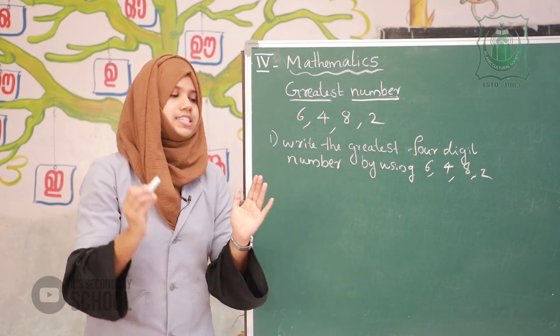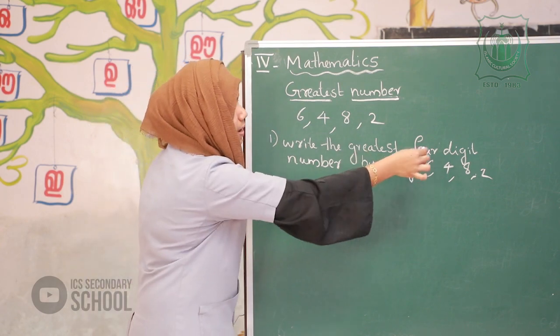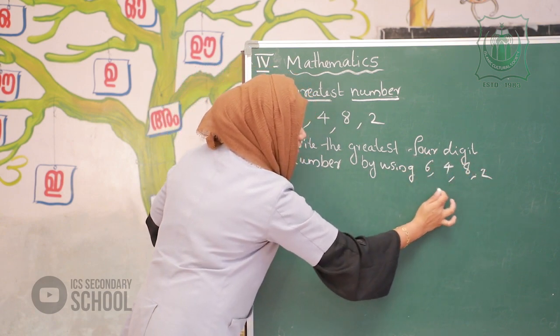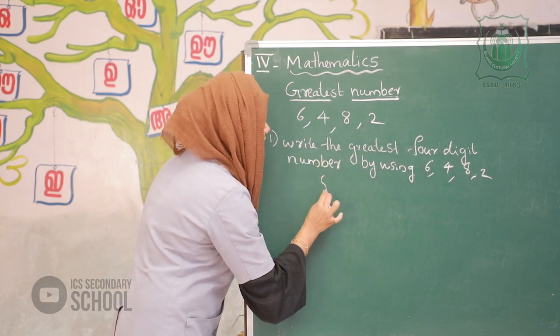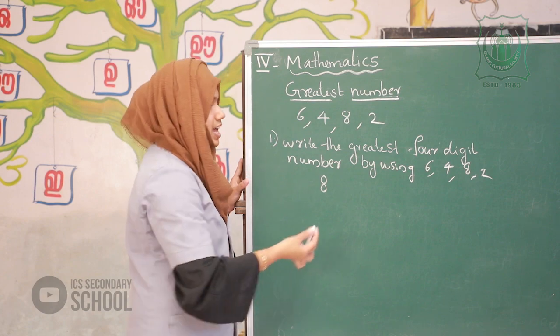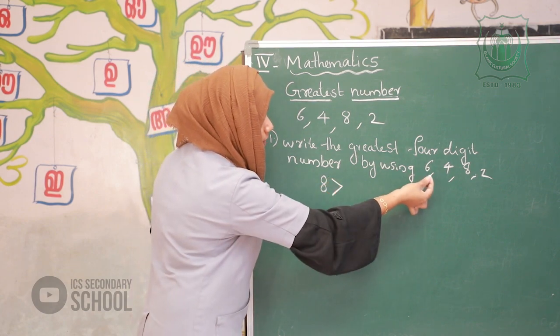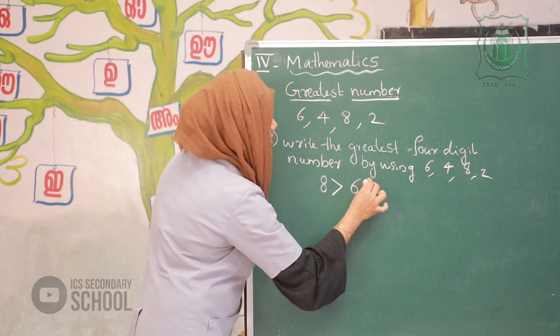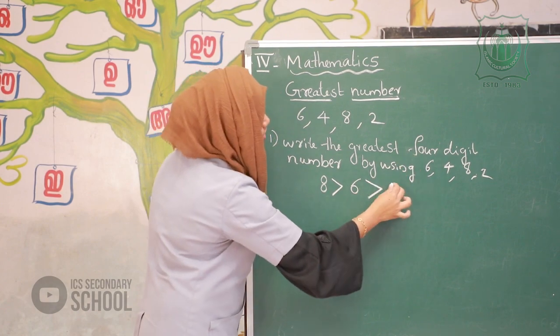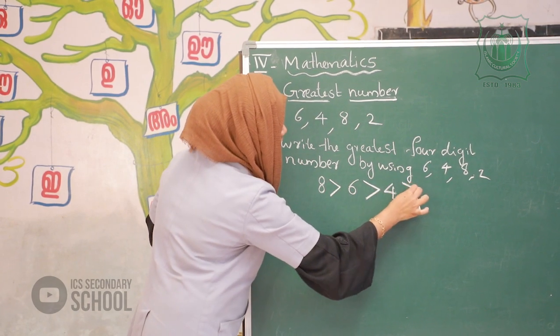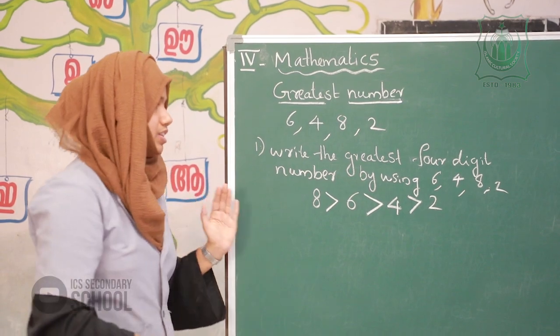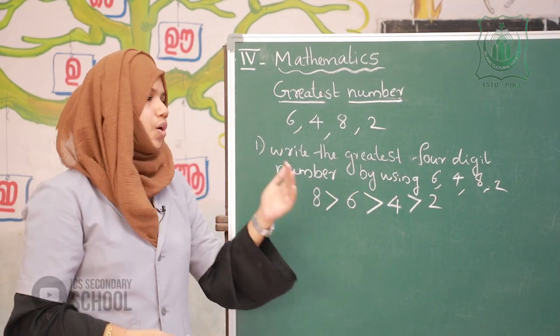So the first step is to write which number is greatest among these 4. So 8 is greatest. Okay, next 6, and the next one is 4, then 2. This is the order.